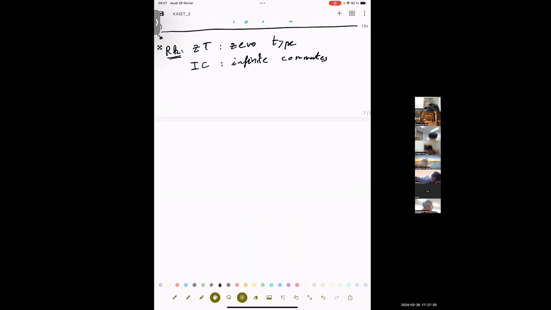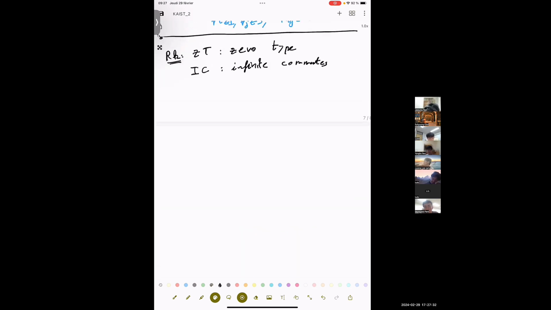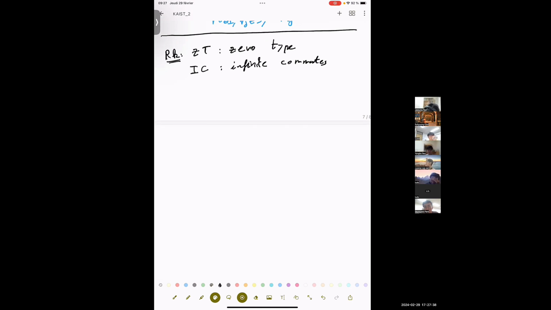Okay, so it's no two infinite standard subgroups that commute. Remark. The second condition, no IC, only depends on W, does not depend on A.